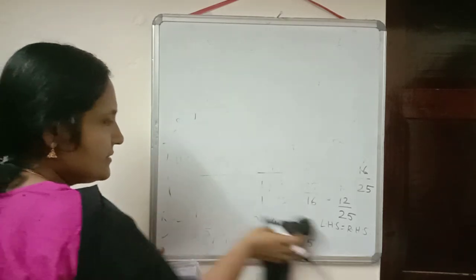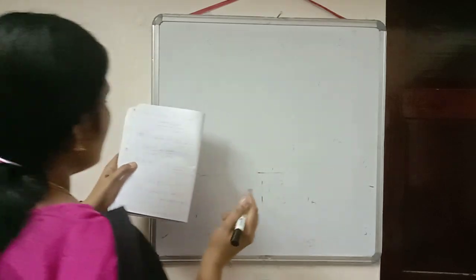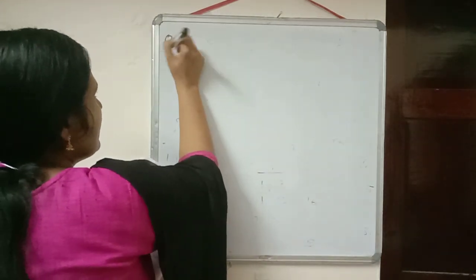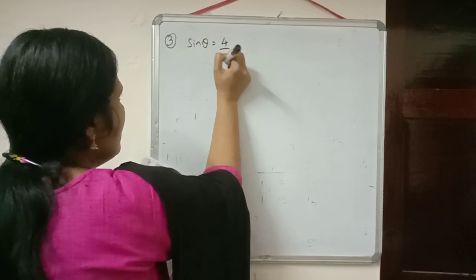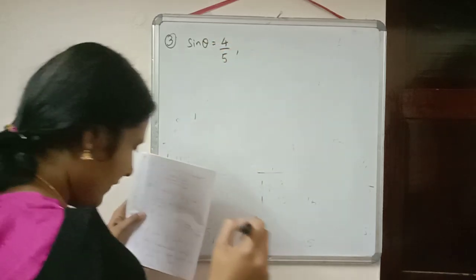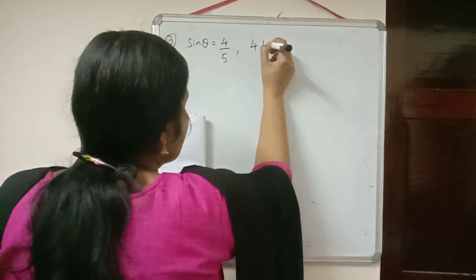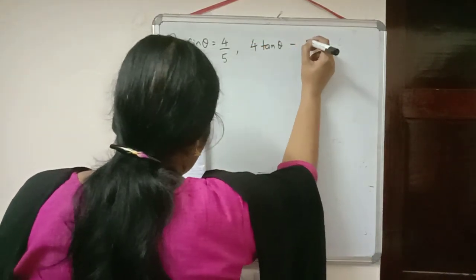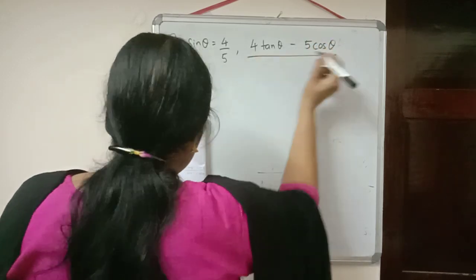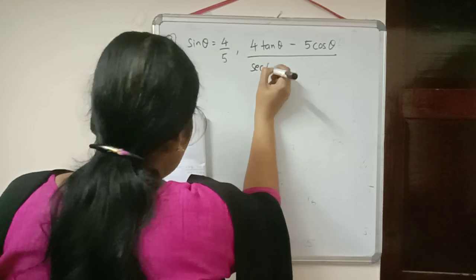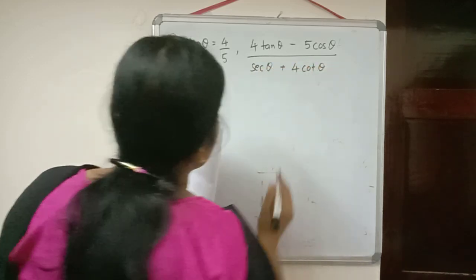Next question is, write down the question. Third question is, if sine theta is equal to 4 by 5, find 4 tan theta minus 5 cos theta by sec theta plus 4 cot theta.